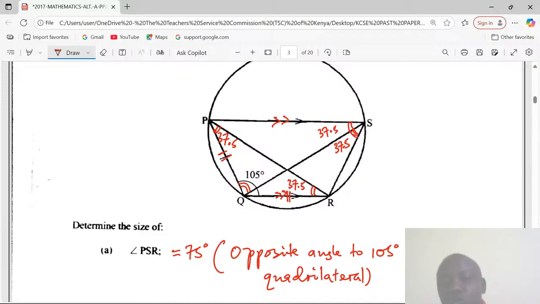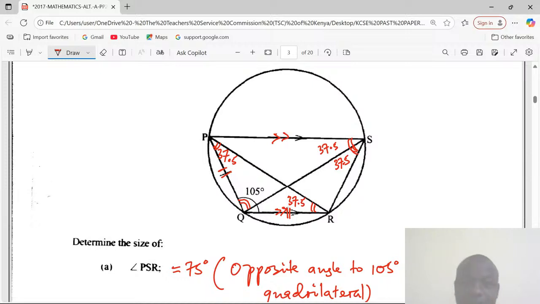If they are two parallel lines, then PR can be treated as what we call a transversal, and the angle at this point will also be equal to 37.5, because the angle is alternate. It's an alternate angle with the angle at R, so it should be equal. Alternate angles are usually equal.